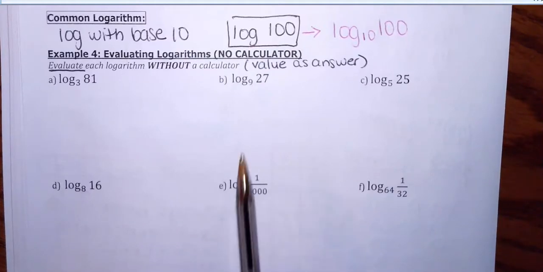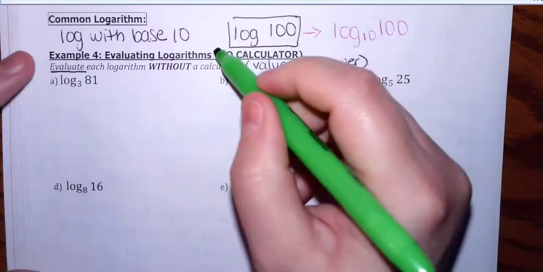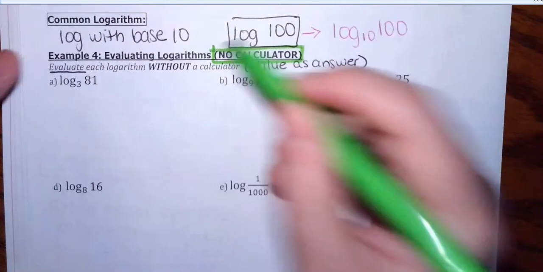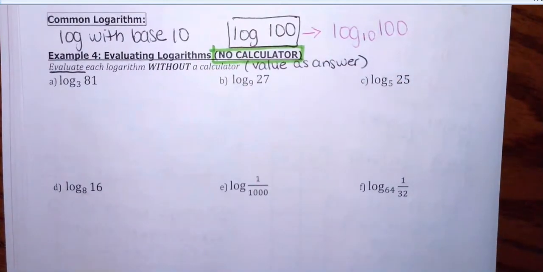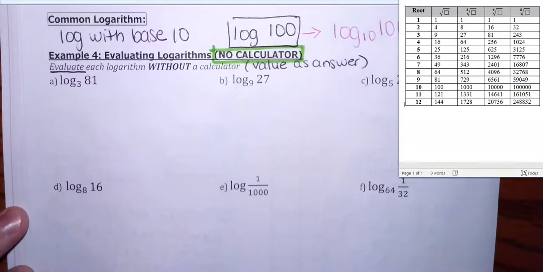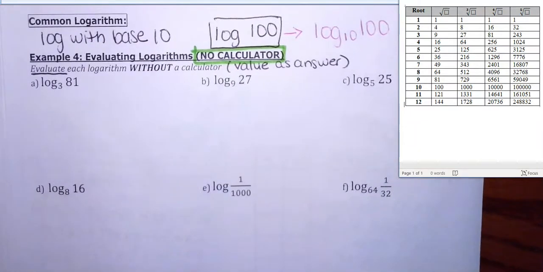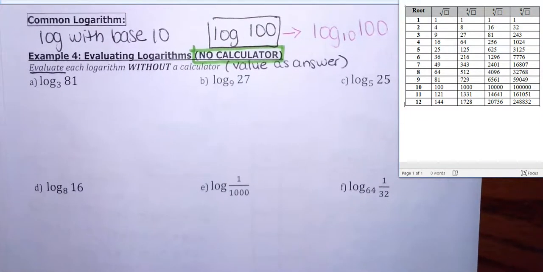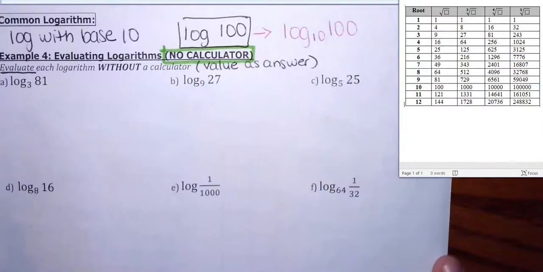But we are going to ask you guys to do these without a calculator. You have to be able to do this, no calculator involved. And so, again, if you're not familiar with these numbers, these lovely numbers are going to be very helpful to you. Okay, the easiest way I can tell you to evaluate a logarithm, let me slide this to the side so you guys can see those numbers pretty well.